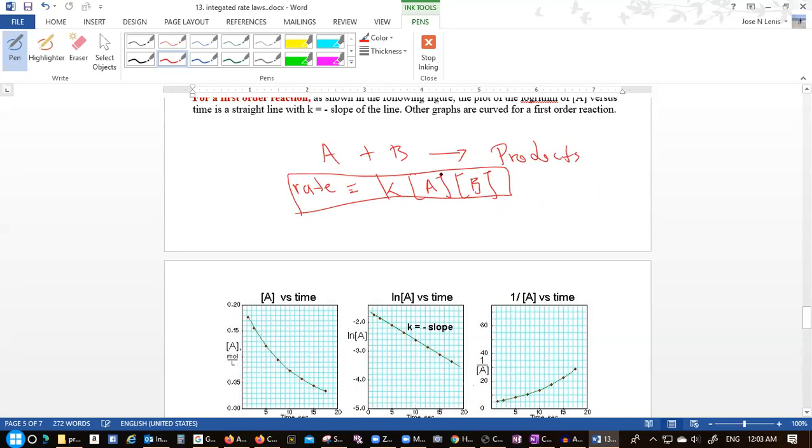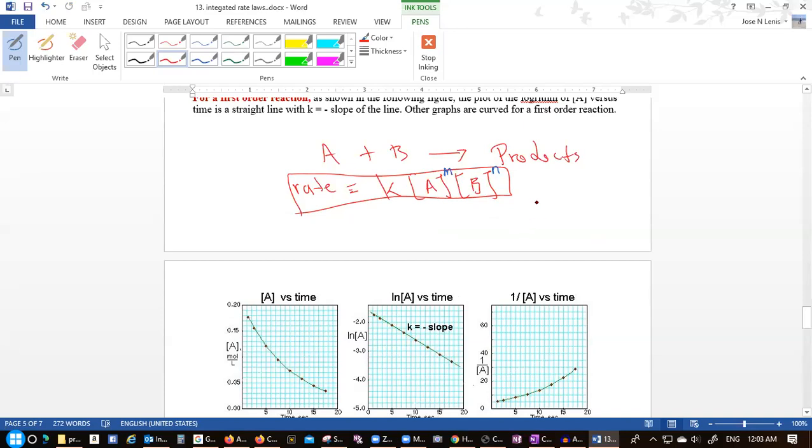But we don't know what is the order of the reaction. We don't know what is M and we don't know what is N because it's a pretty new reaction. And we need to run experiments to figure that out, because that's the only way to figure what is the value of M and what is the value of N. You have to run the reaction, collect data, and then one way to do is graph.